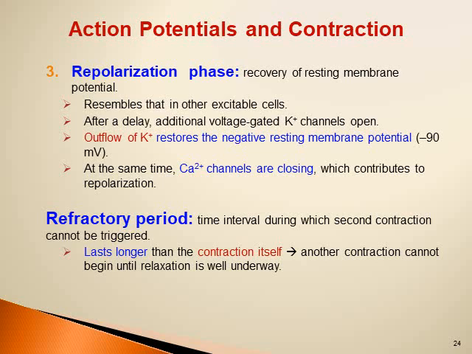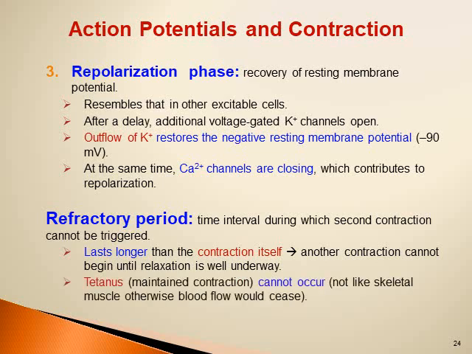So this will help the heart to contract and pump blood efficiently and avoid the occurrence of tetanus. Tetanus, which is maintained contraction, cannot occur due to the long refractory period in the cardiac muscles, not like skeletal muscles. Otherwise, blood flow will cease, so the heart cannot pump blood properly.